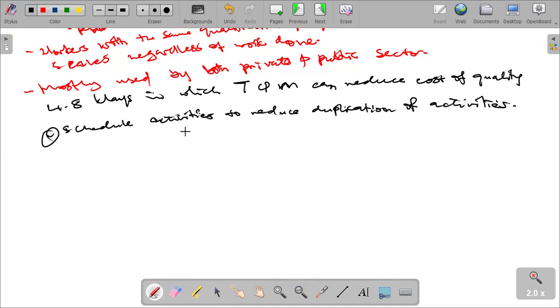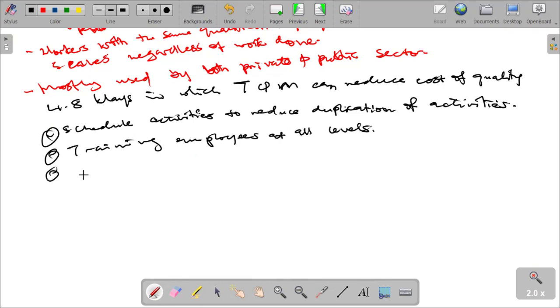We can also say that employees must be trained at all levels. Training employees at all levels shows that everyone understands their roles and duties towards quality management.